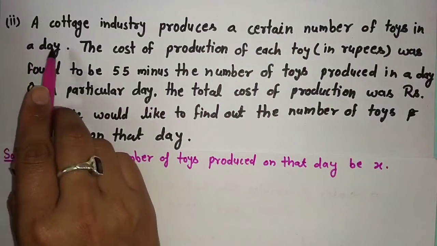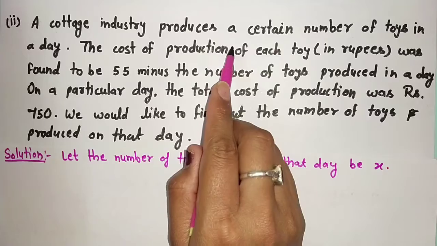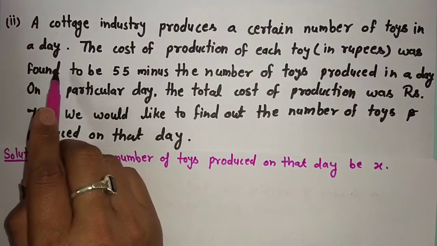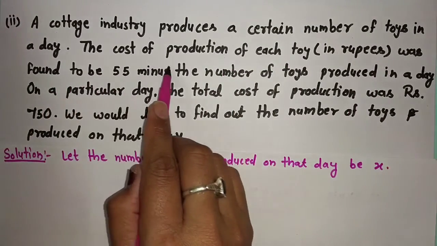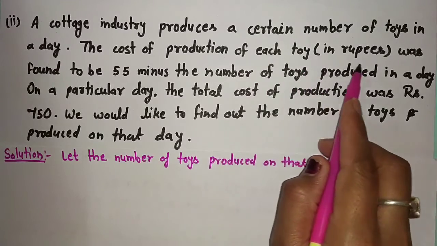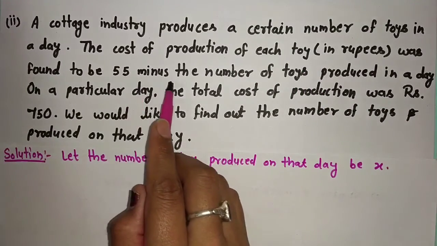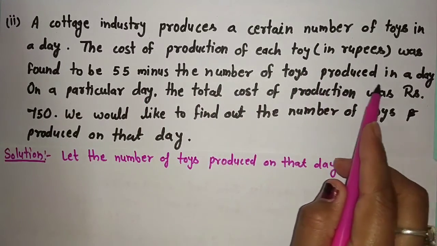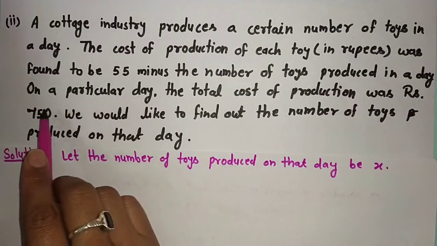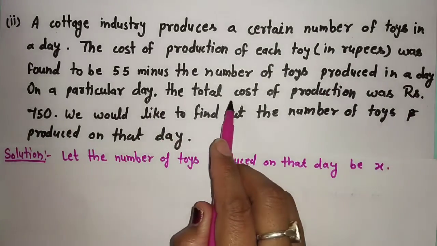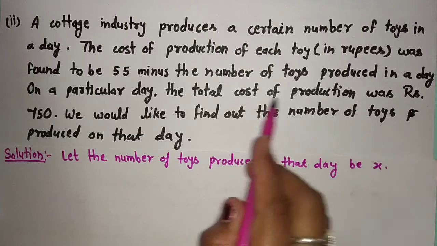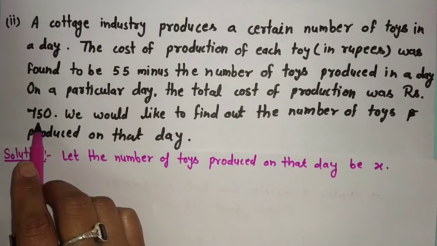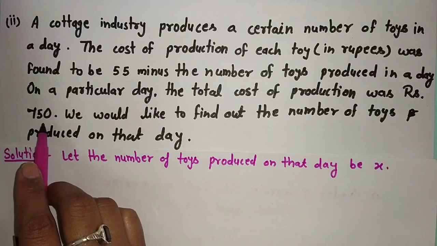Second is, a cottage industry produced a certain number of toys in a day. The cost of production of each toy in rupees was found to be 55 minus the number of toys produced in a day. On a particular day, the total cost of production was 750 rupees.